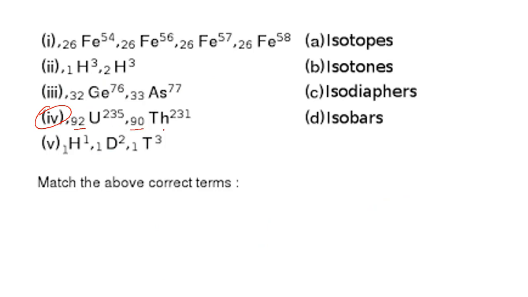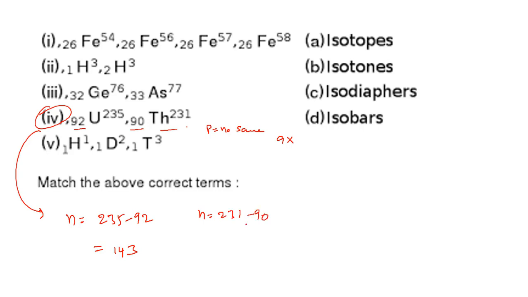92 uranium 235, 90 thorium 231. See, the atomic number, the number of protons, is not the same, so option A is wrong. Isotones, so calculate the number of neutrons. N equals 235 minus 92, that equals 143 here.